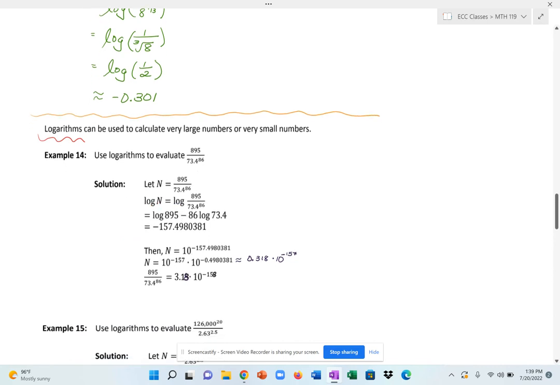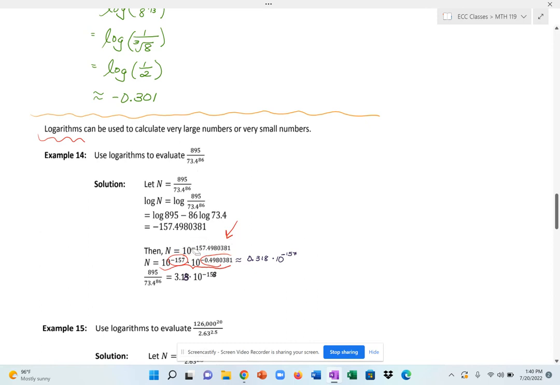So the first thing I did was I rewrote this expression as the log of negative 157 times the log of negative 0.49803881. Remember, the sum of these two numbers, of this exponent and this exponent, gives me that exponent right there.